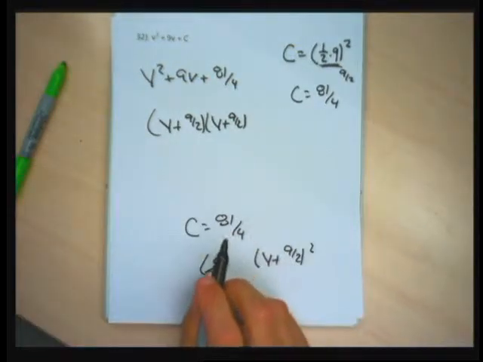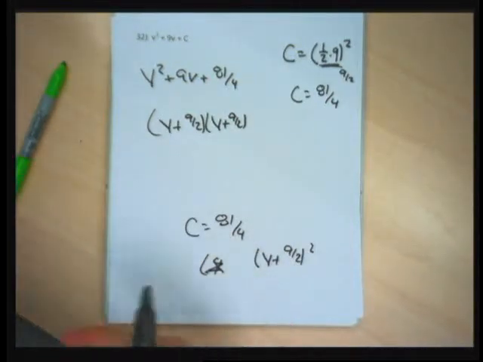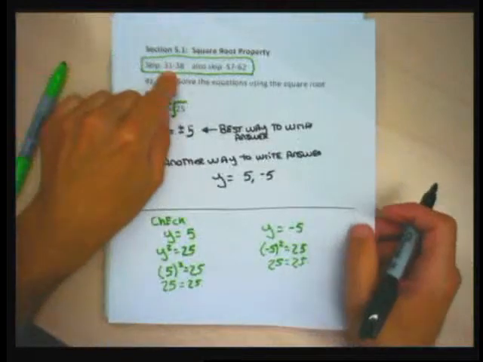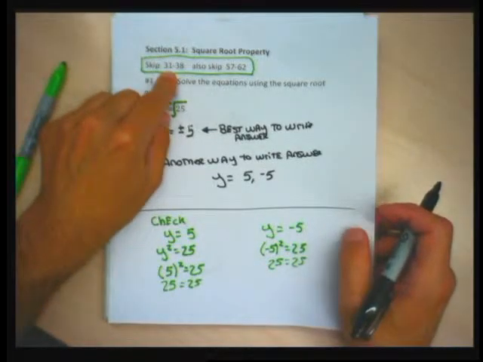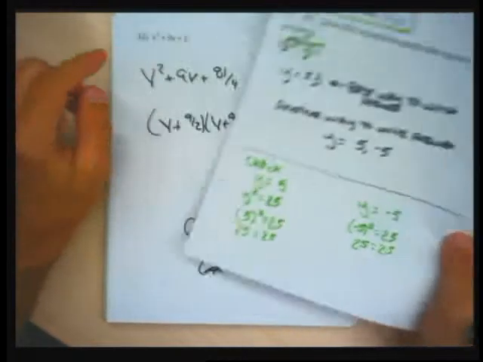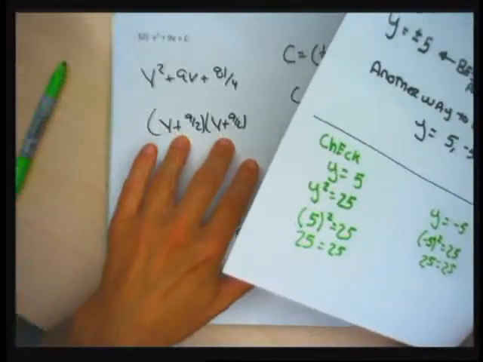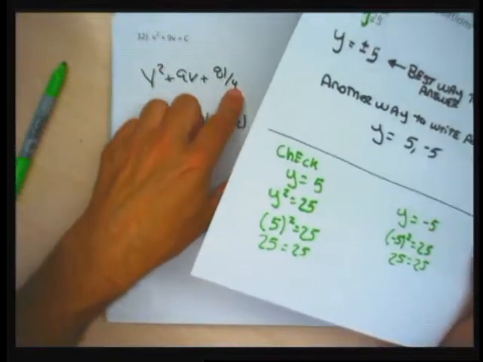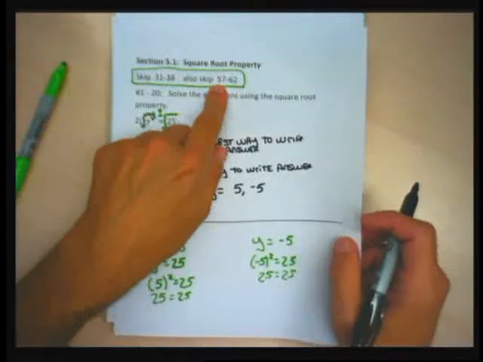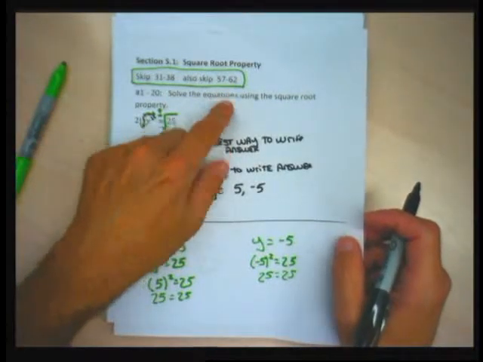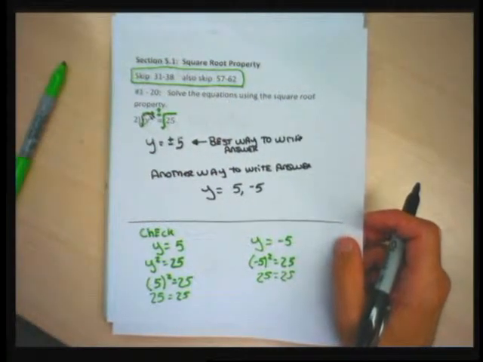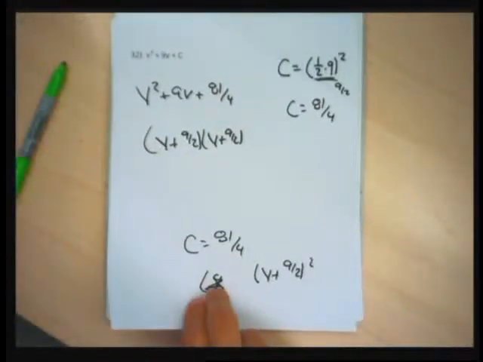But none of the problems between 31 and 38 are ones you're responsible for. Specifically, you're not responsible for them because in the factoring, you'd have a fraction to factor with, and we never factor with fractions. And similarly, 57 through 62 have the same problem where the factoring would have fractions, and that's not something we're going to be responsible for.